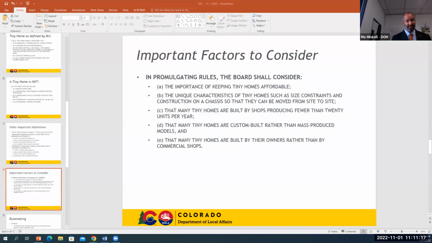But I do want to get into, and I'm pretty sure Eric and Tim as building officials touched upon this, but I can't stress this enough. This bill has nothing to do with zoning, right? The state Division of Housing, Department of Local Affairs has no jurisdiction over zoning. That is completely up to the local jurisdiction. We're a home rule state, right?